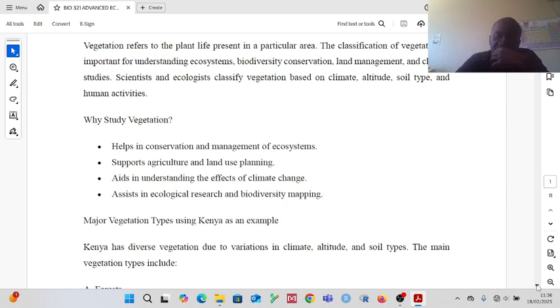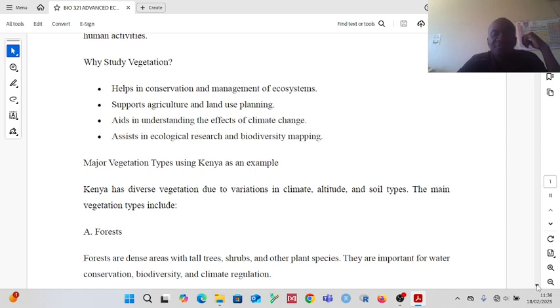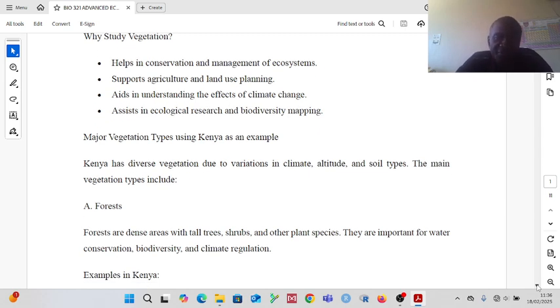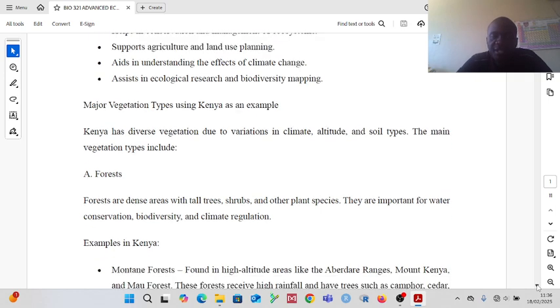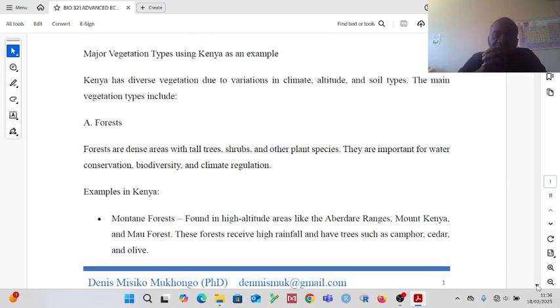So the major vegetation types, if we think of using Kenya as an example, then we talk of very diverse types of vegetation, but they vary due to the differences in climate of that particular area, the altitude, how high above sea level is the area that the type of vegetation is found, and the type of soil that is present in that particular ecosystem.